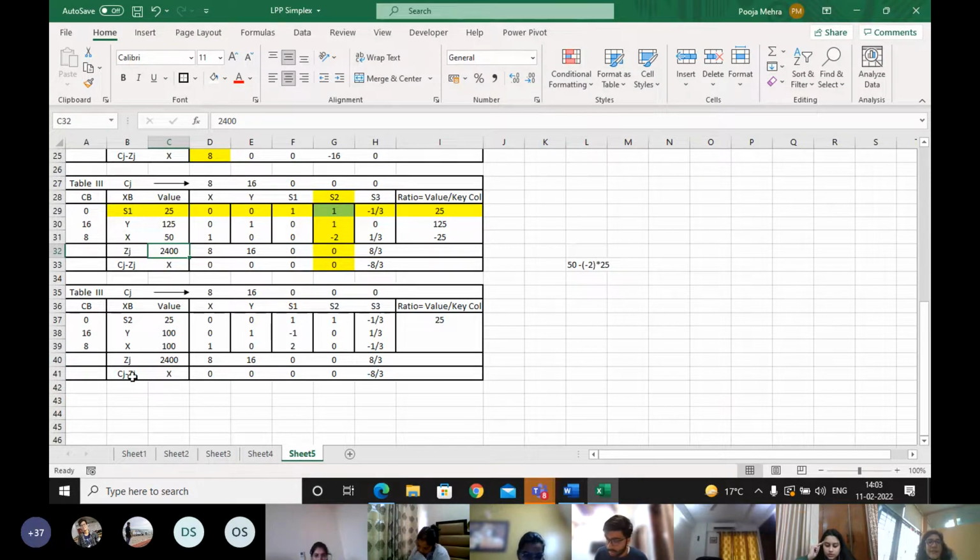You can see for the basic variables x, y and s2, we have the 0 value. These three are the basic variables and their coefficients in the index row are 0. Apart from that, there is one more variable, a non-basic variable, whose coefficient in the index row is 0. So if I enter this, I'll reach here only, right?